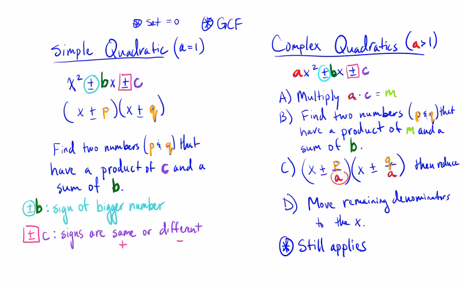All right, so we divide by A on the bottom, and then we just reduce. And if we reduce to 1, then that just basically disappears, right? Anything over 1 is itself. But if we have any remaining denominators, we move those to the front of the x. So we're going to put those as coefficients for the x after we reduce. Okay. All right. And so that's the process.